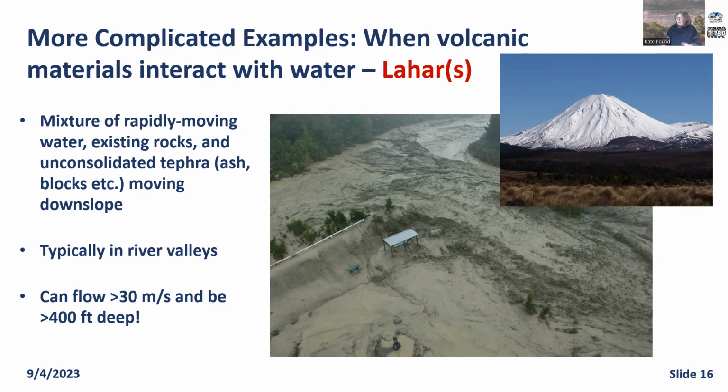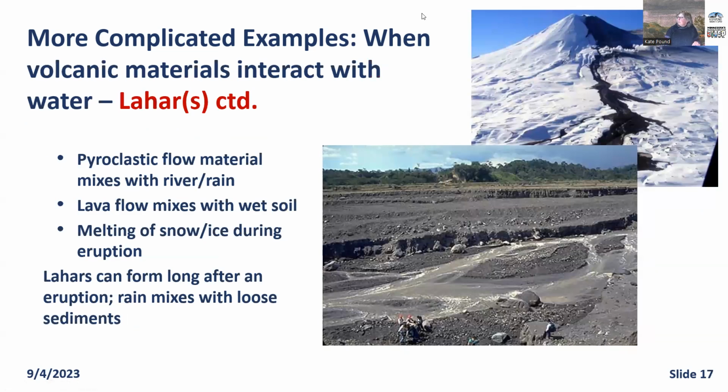Well, during that rainy season, you can suddenly mobilize all that volcanic material, the pyroclastic material, and you get a lahar coming down river valley at a time that's totally separate to when there was actually a volcanic eruption. So that's what I'm trying to point out in this slide. So lahars can form long after an eruption when rain mixes with that loose sedimentary material that was the pyroclastic deposits.